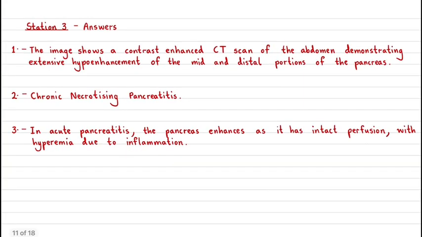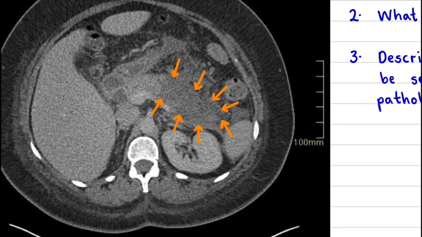This is chronic necrotizing pancreatitis because, going to question 3, in acute pancreatitis, the pancreas enhances as it has an intact perfusion with hyperemia due to inflammation. So normally, in acute pancreatitis, the inflamed portion of the pancreas is going to enhance because contrast is going to be able to fill this inflamed area.